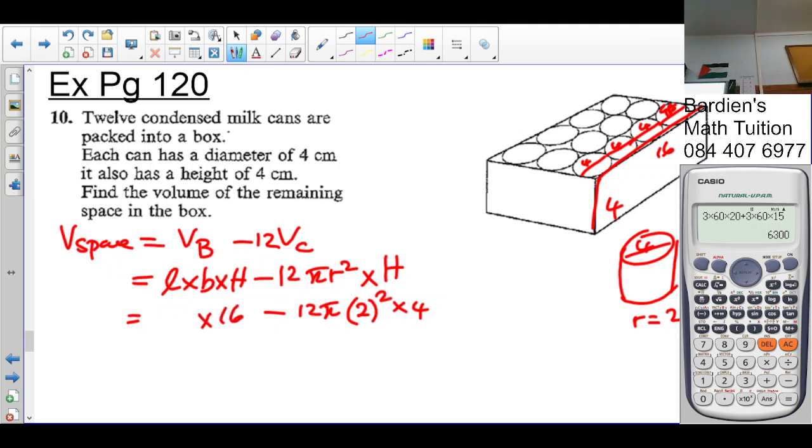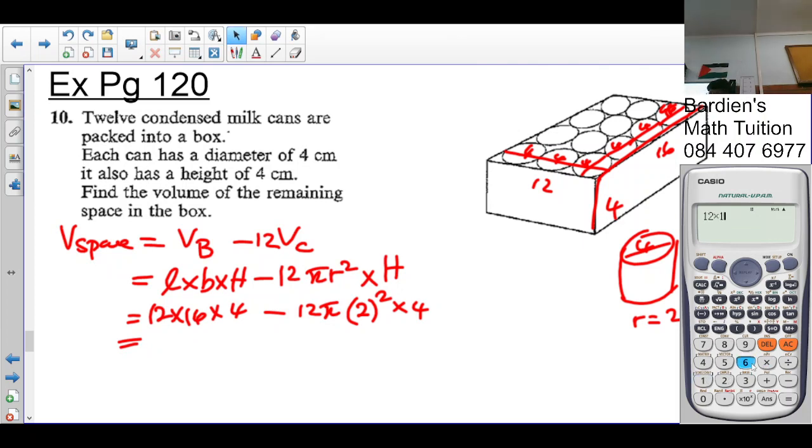The base is 16, the height is 4. And what is the breadth? 12. How do you get that? So it's 4, 8, 12. Can you see? So it's 12 times 16 times 4. It looks complicated, yes, but is it complicated? Not at all.